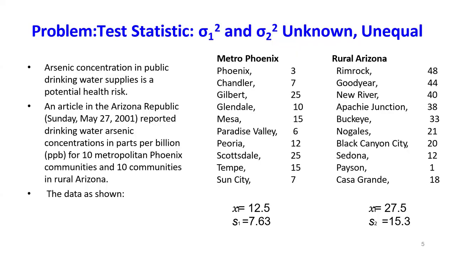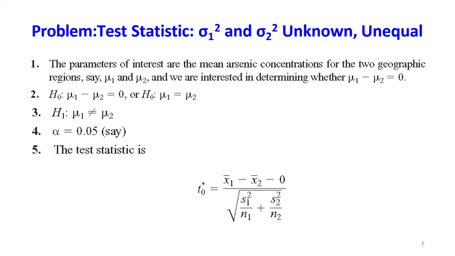The only thing that changes here is that we are assuming the variances of the populations are unequal. There we assumed it as equal. Rest everything is the same. If you look at the Python code, we have to change just one parameter: variance equal to true, we have to mark as variance equal to false.